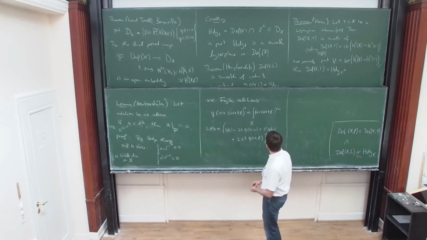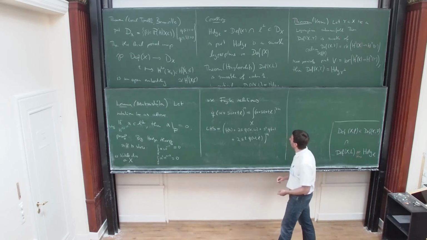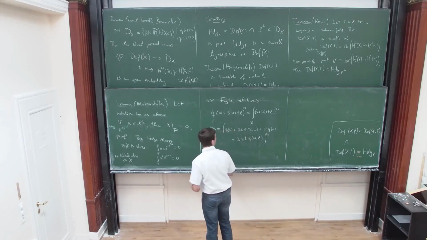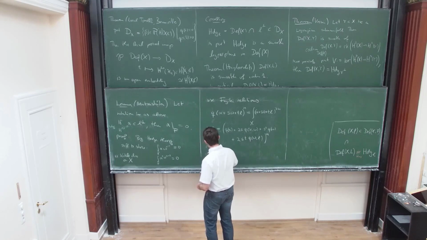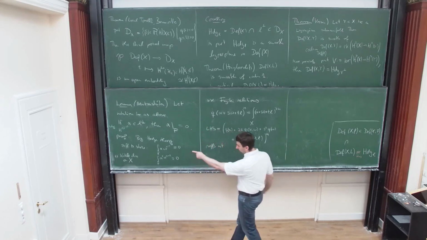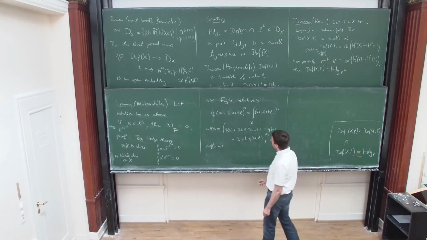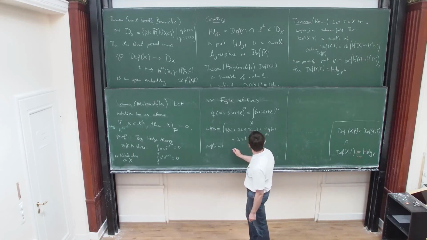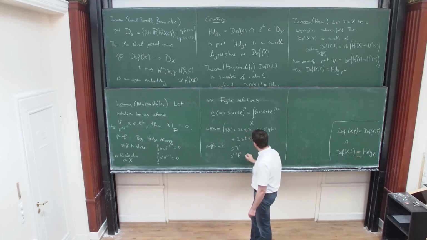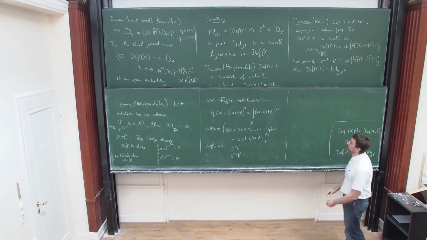The right-hand side, before I don't want to look at the right-hand side, but now I look at the coefficients. And so what do I want to get? I want to get this expression here. So I look at the coefficients of s to the n minus 1 times t to the n, and s to the n minus 2 times t to the n, and make a comparison of the coefficients.